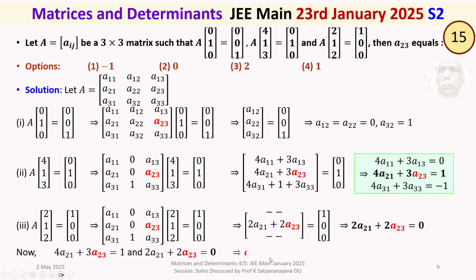Where is the answer? The answer appears as option 1. Therefore, the answer to this question is option 1. That is the detailed discussion of the solution of this problem. By putting A12 and A22 equal to 0 and A32 equal to 1, you will be saving some time.